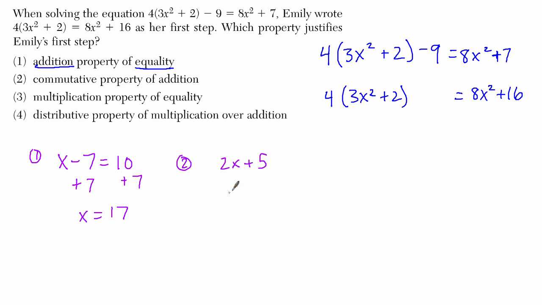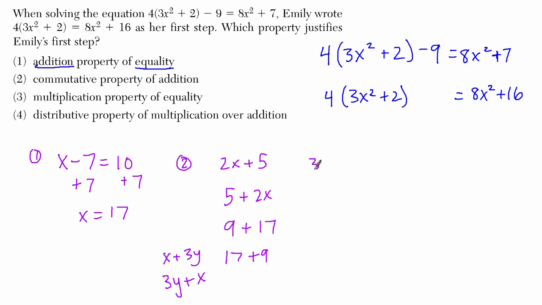So 2x plus 5 is the same thing as 5 plus 2x. Similarly, 9 plus 17 is the same thing as 17 plus 9, and if you look, 26 and 26. Or x plus 3y and 3y plus x represent the same quantity. So you can rearrange the order of adding, and that's allowable by the commutative property of addition.